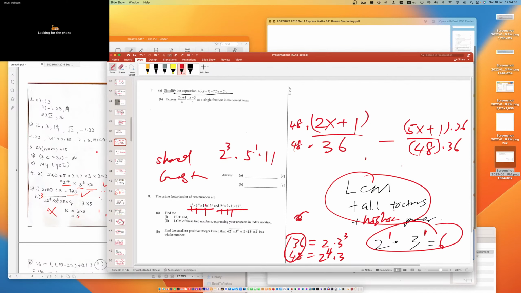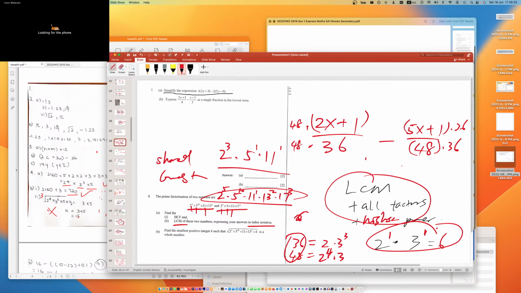Done. In index notation, so I don't need it. For LCM, all of them: 2, 2, 5, 11, 13, 17. Then highest power.